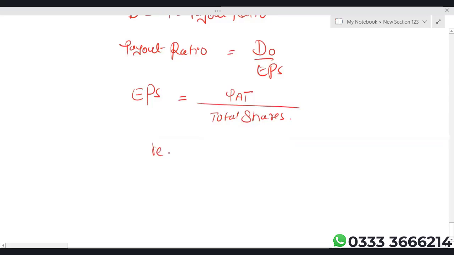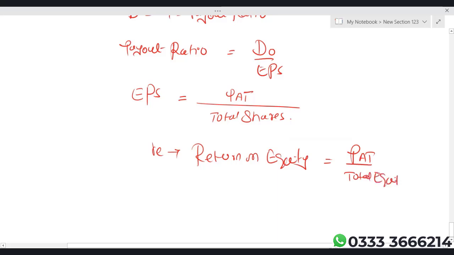RE is return on equity. Simply profit after tax divided by total equity. And there's a possibility that instead of RE, the examiner uses the words return on investment.